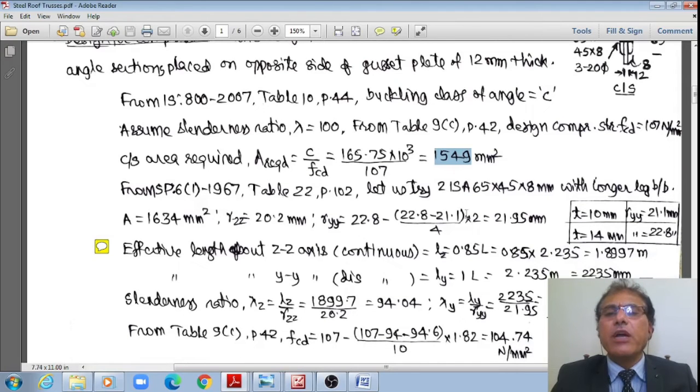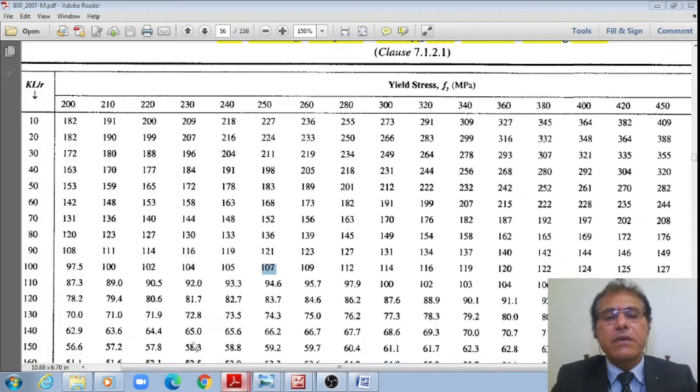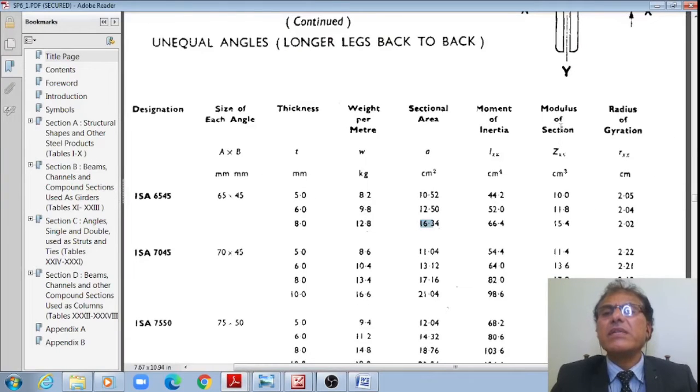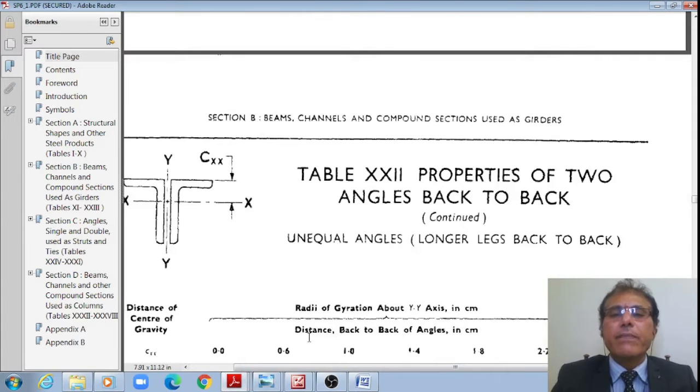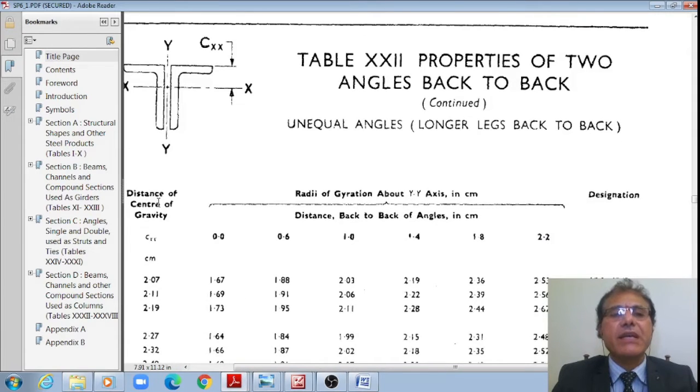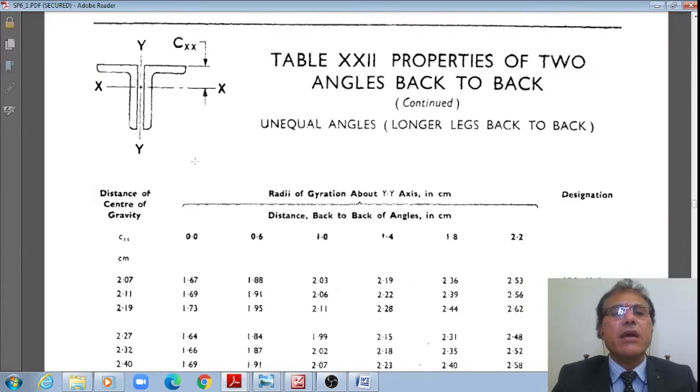Therefore, I am noting down that area 1634 mm square and the radius of gyration about the major axis, right? About the major axis, RXX is seen as 2.02 centimeter or 20.2 mm, whereas about the minor axis, means about the YY axis, it is like this, right?